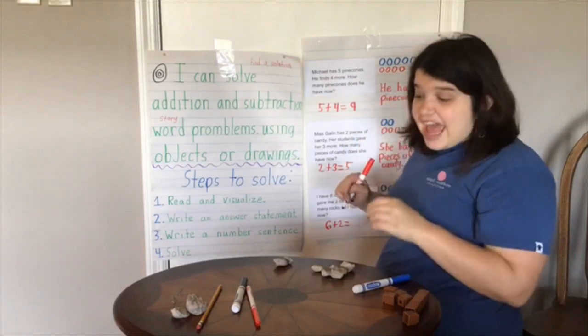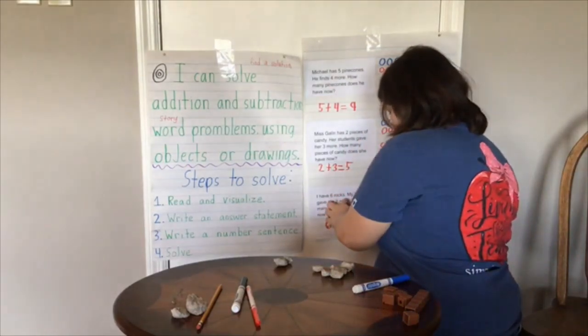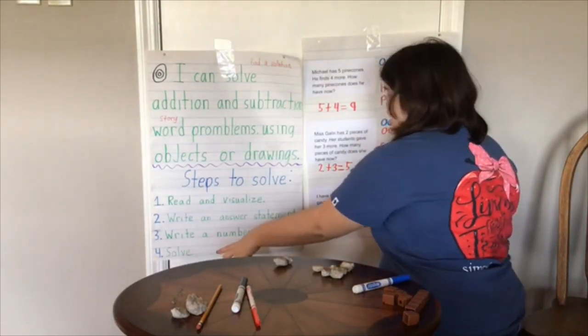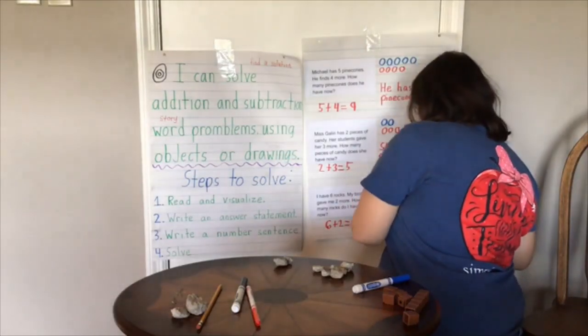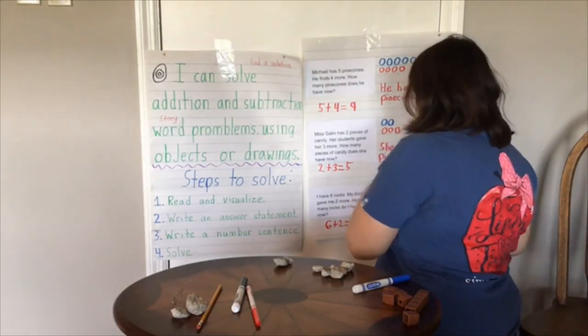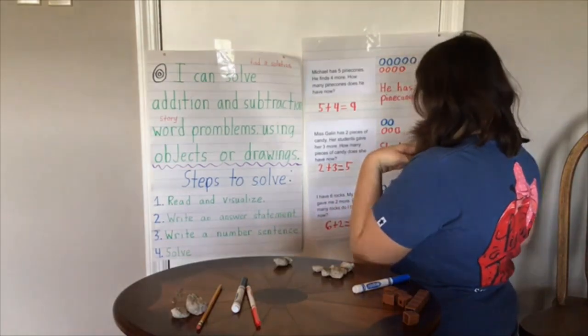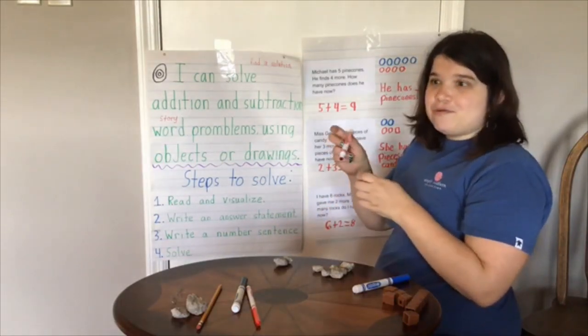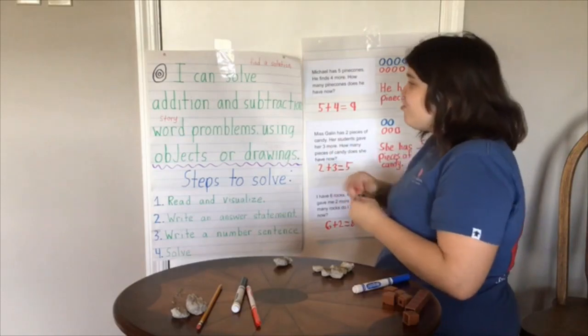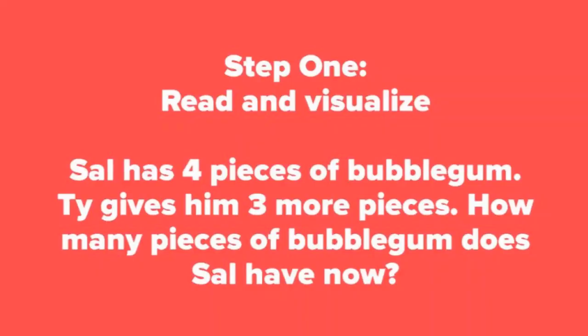So now I have 8 rocks. So last thing, we solved our problem. And I would read my answer statement. I have 8 rocks. Now we're going to move on to our subtraction word problem.